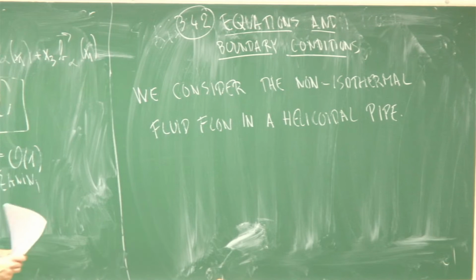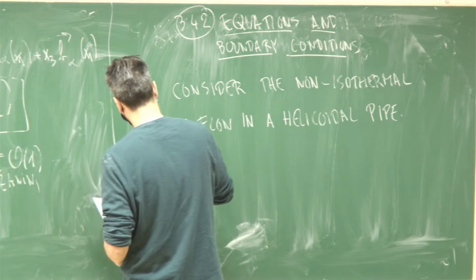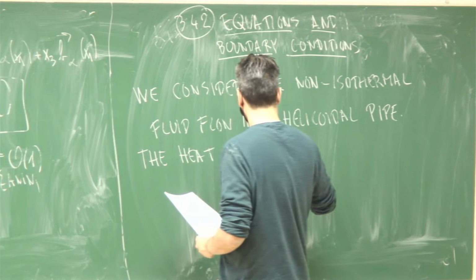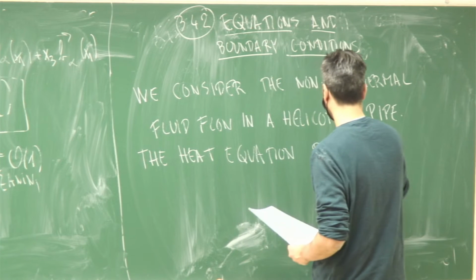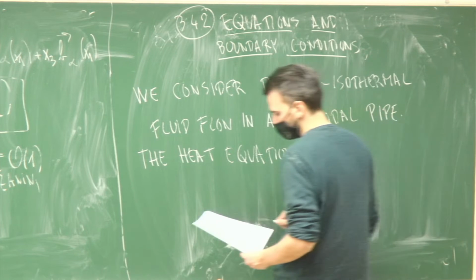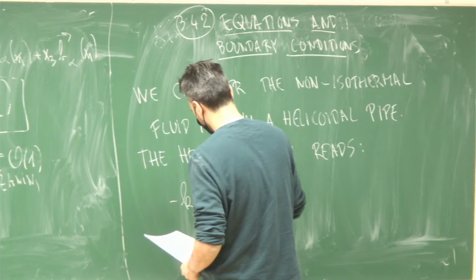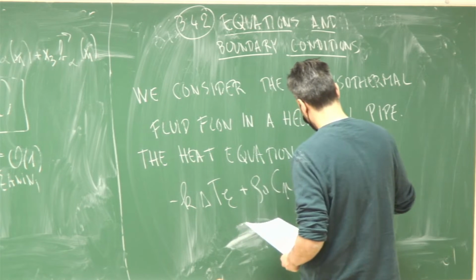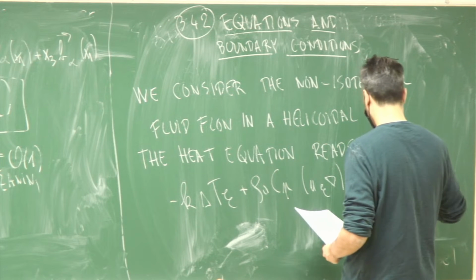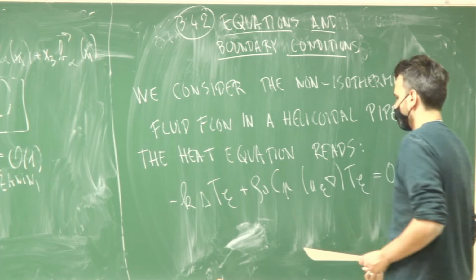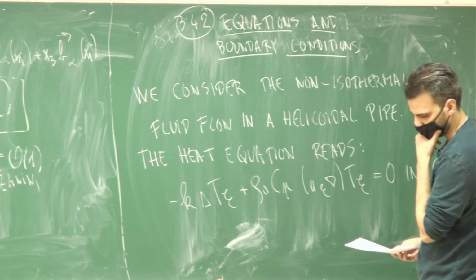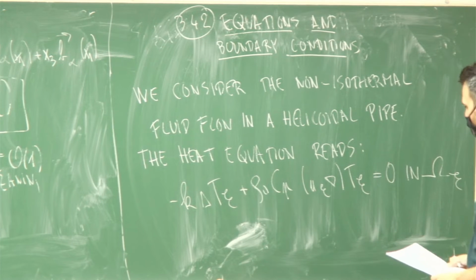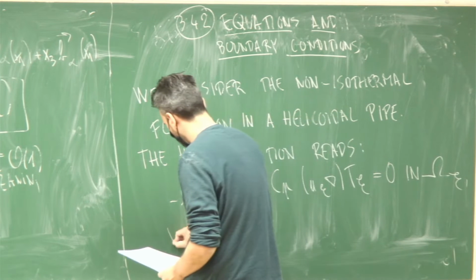I wrote down the heat equation a number of times, so let's recap. The heat equation reads: minus k Laplace of T epsilon plus rho 0 Cp u epsilon times gradient of T epsilon. However, as the previous paper also had this setting, this u epsilon is known and was computed in a different paper, so this velocity is known.